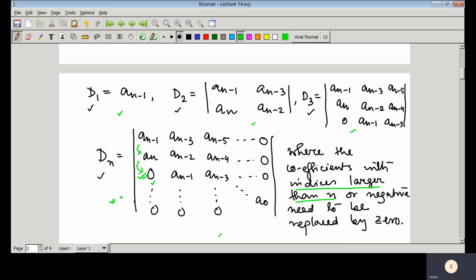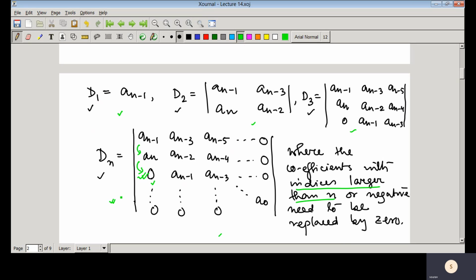It also involves a lot of computational effort, and it is very difficult to find the condition for stability, that means for all roots of the polynomial to be in the left half of the S-plane, for the range of some parameters involved in the coefficients. So it would be very difficult to find.